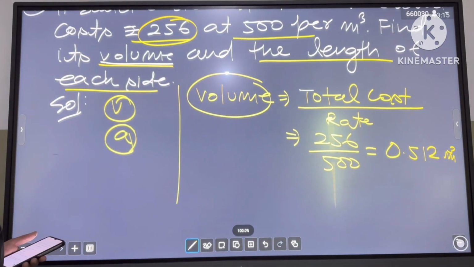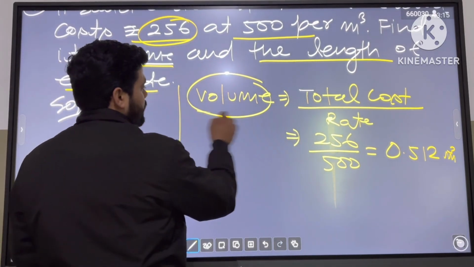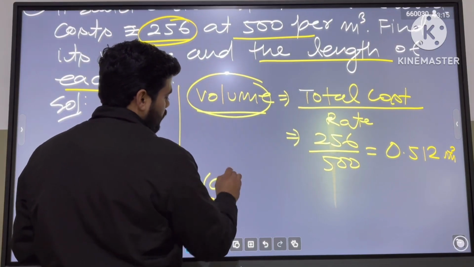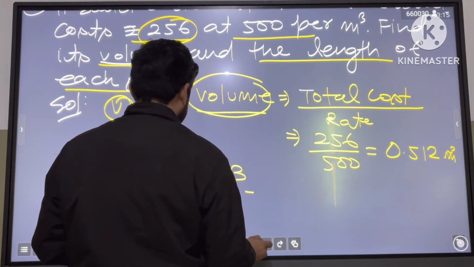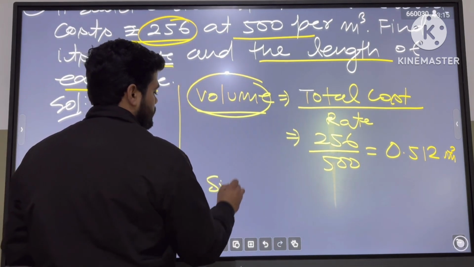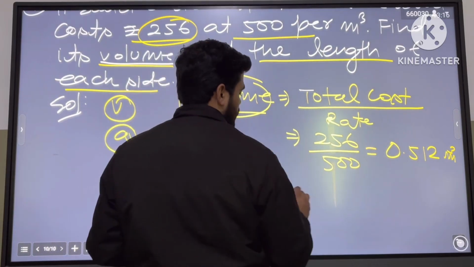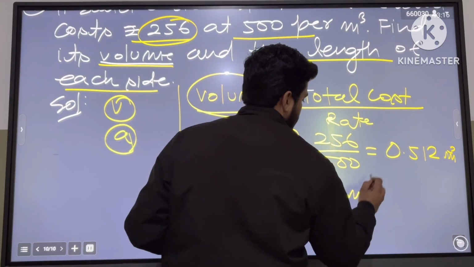And in the second part, find the length of each side. So dear students, what is the formula for volume? Volume is equal to side cube. Dear students, side cube is equal to 0.512 meter cube.